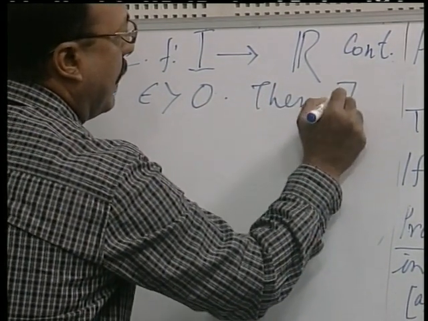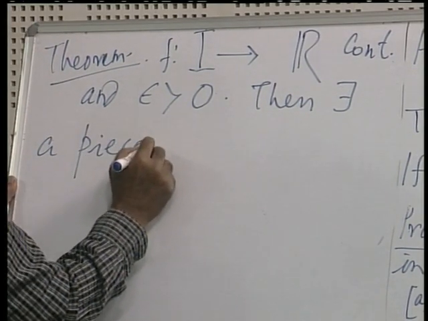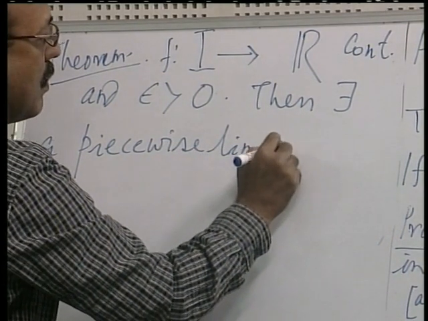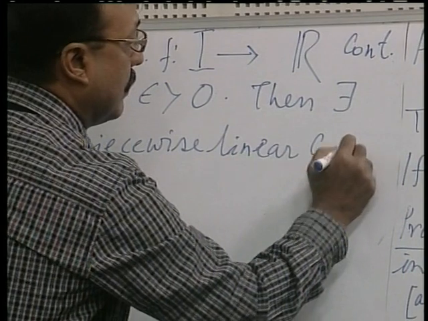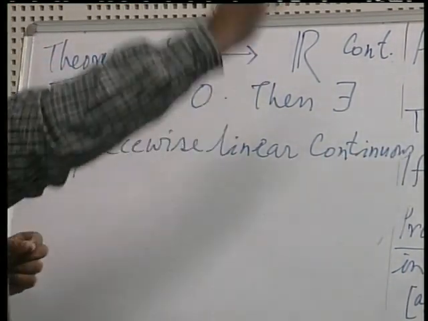Then there exists a piecewise linear continuous function, right? What is linear? Linear is line, right?